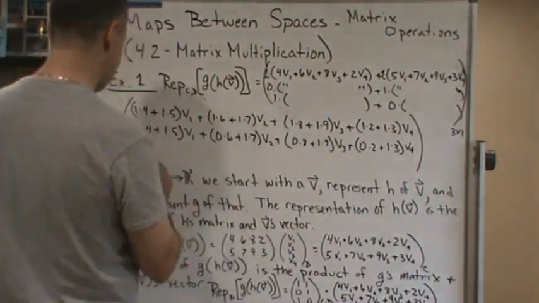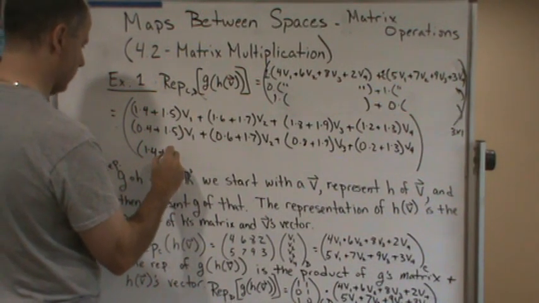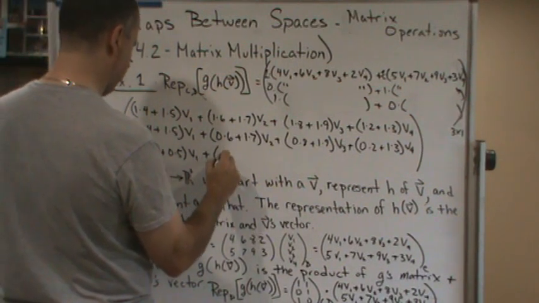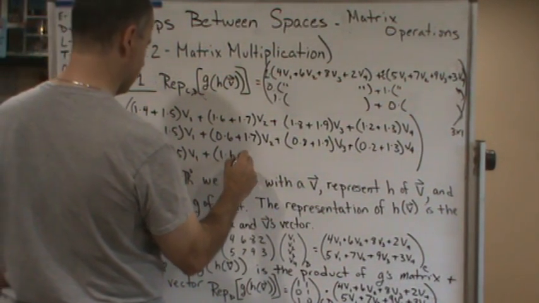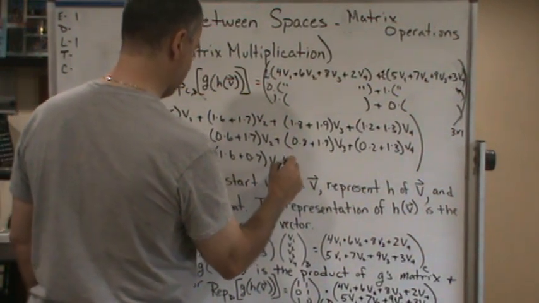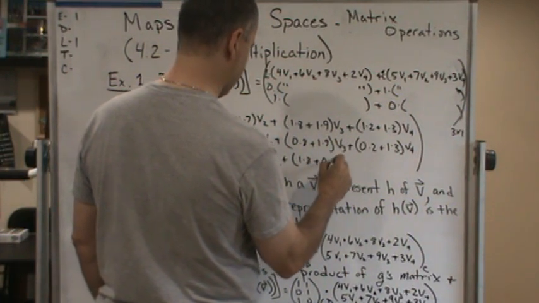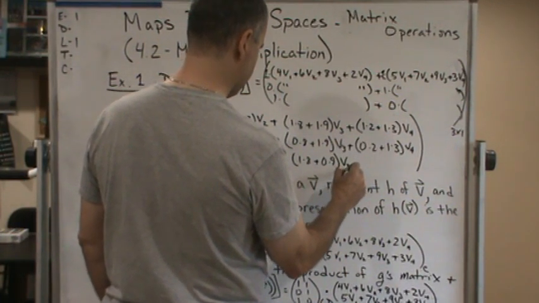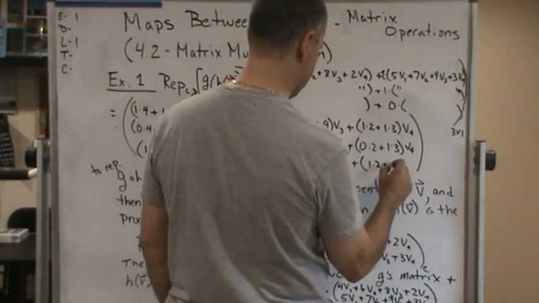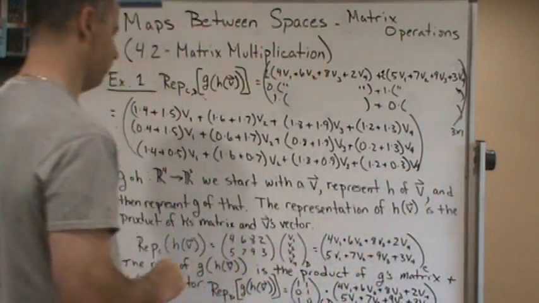And then similarly, the bottom one is going to be 1 times 4 plus 0 times 5 times V1 plus 1 times 6 plus 0 times 7 times V2 plus 1 times 8 plus 0 times 9 times V3 plus 1 times 2 plus 0 times 3 V4.